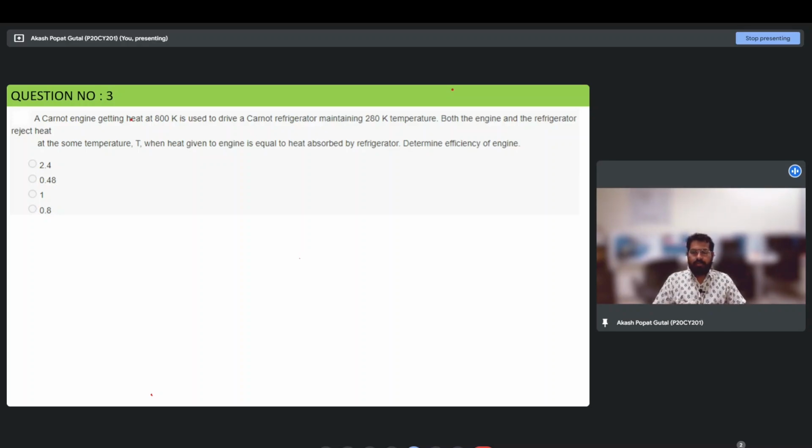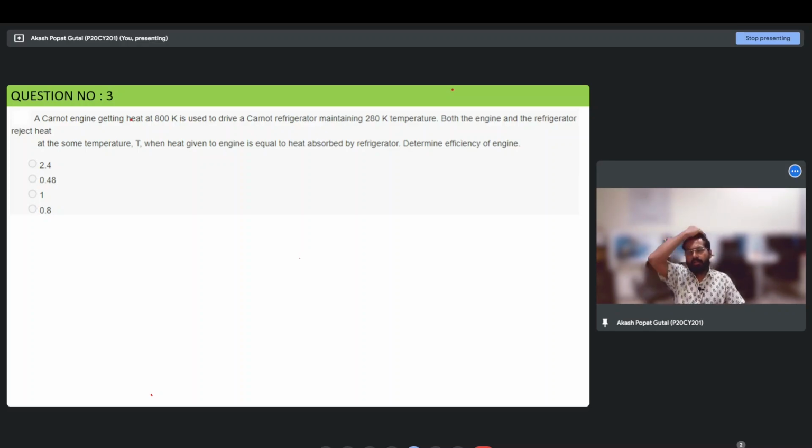So here is a system in which we have a Carnot engine, which has its high temperature, or hot bath, at 800 Kelvin.